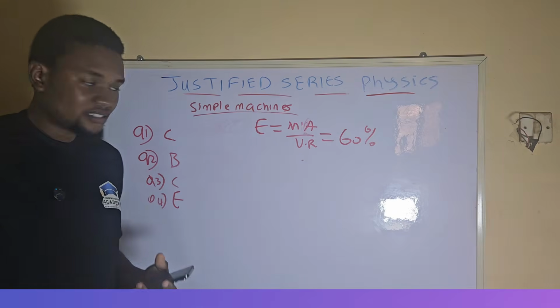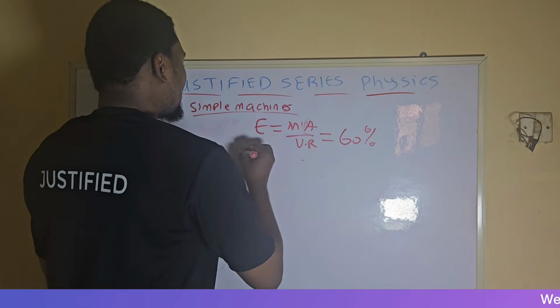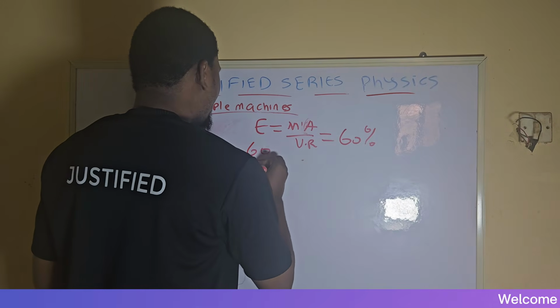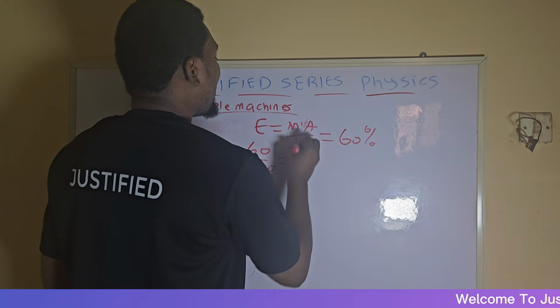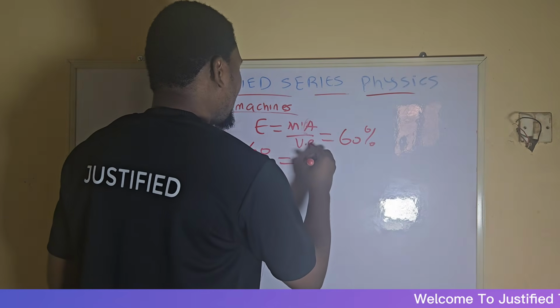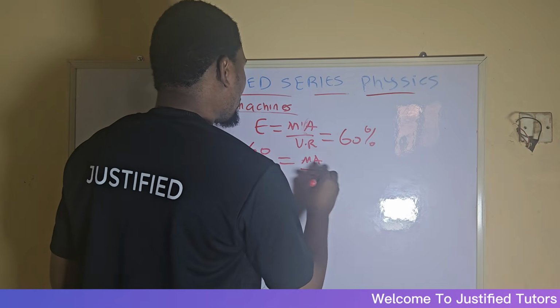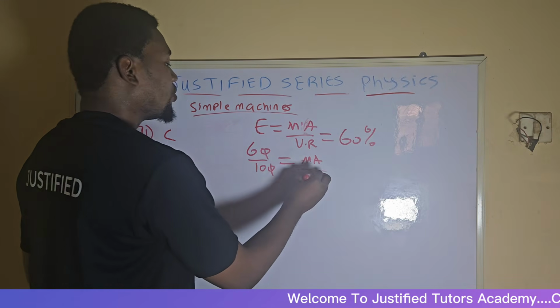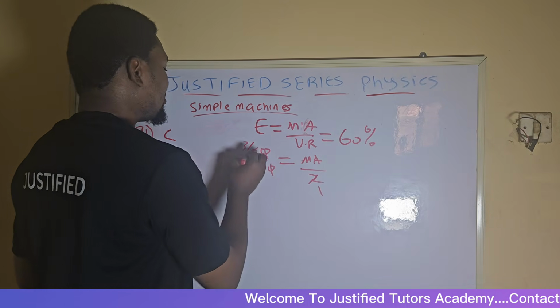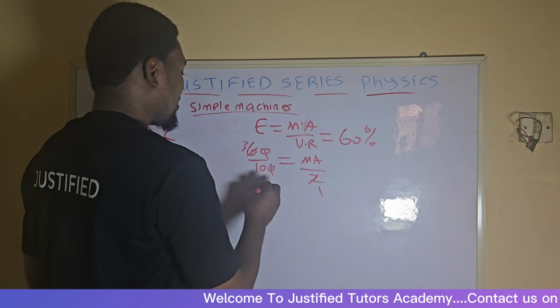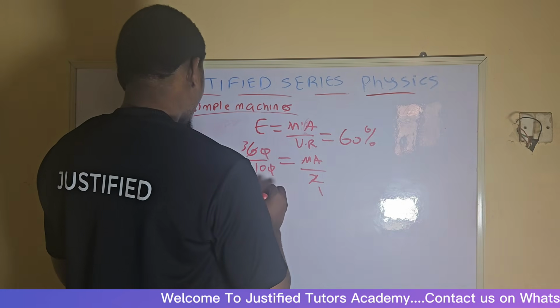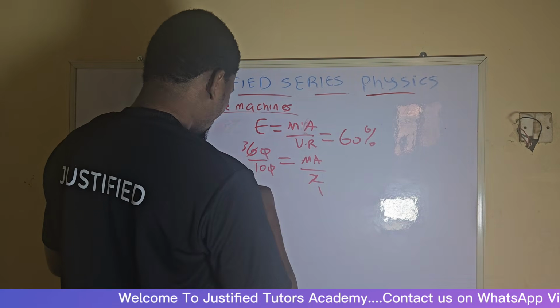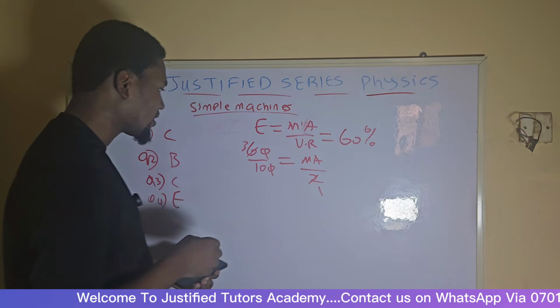So we'll be doing it like this. 60 over 100 equals MA over 2. 60 here, 1, 0. Cancel it. So 2 here is 1, 2 here is 3. We're having 3 over 10, right? So therefore, our MA, Abi, wait a sec.